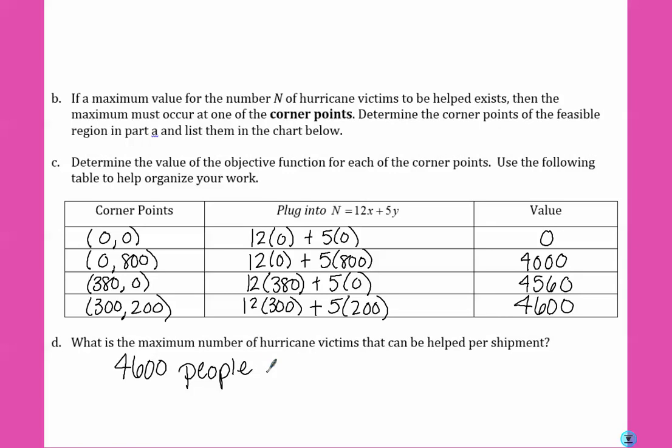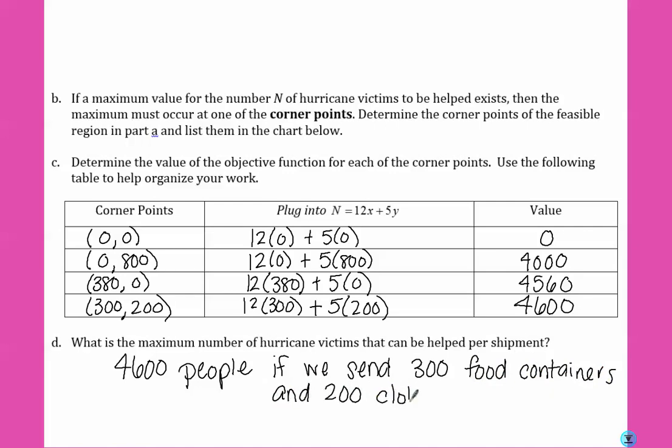If we send 300 food containers and 200 clothing containers. So basically what we just did is what your project's going to be. Okay? So there are 6 steps to it.